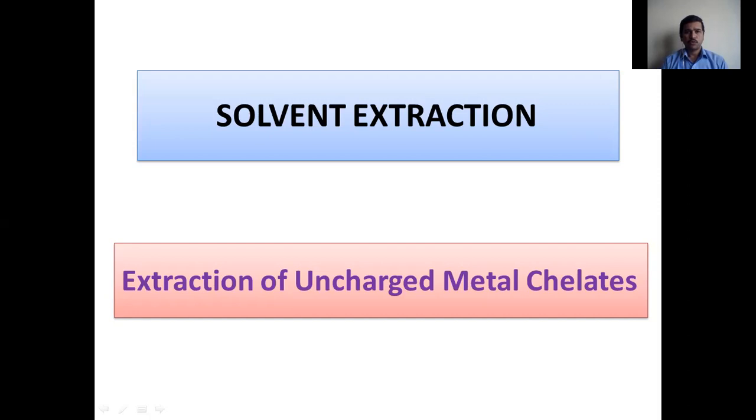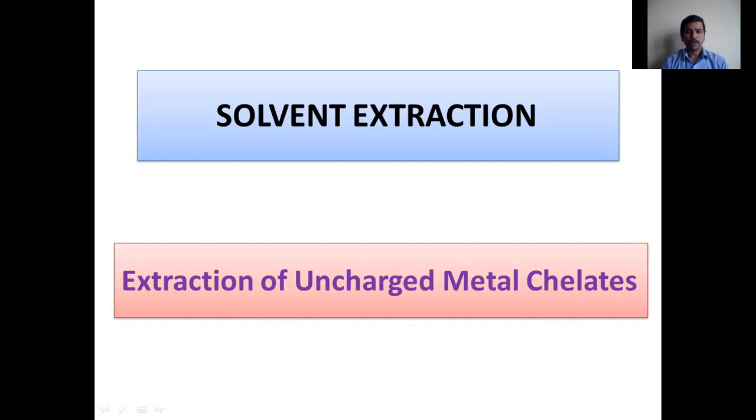In the previous two modules, we discussed the extraction systems, and how molecular systems are classified into different systems based on the equilibrium principles involved during the extraction process. The extraction systems can be classified into essentially covalent neutral molecules, uncharged metal chelates, and ion association complexes.